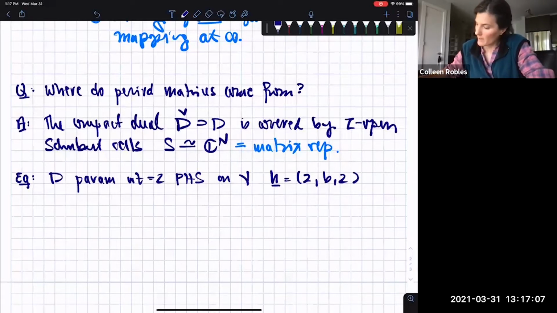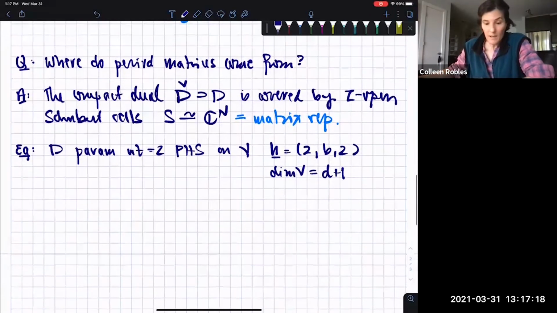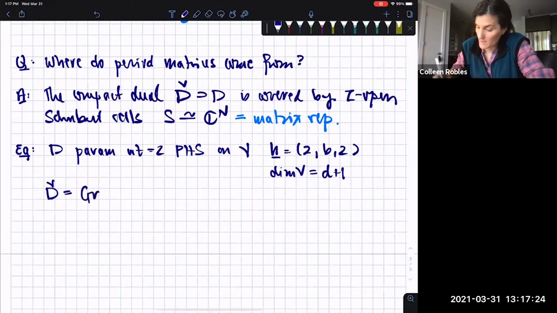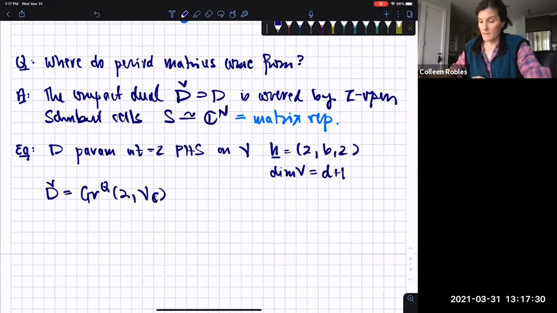Okay. And I'd like to say that the dimension of this vector space is D+1. Then in particular, the compact dual is just the Grassmannian of Q isotropic 2 planes inside the complexification.